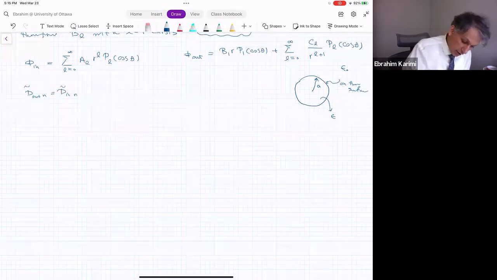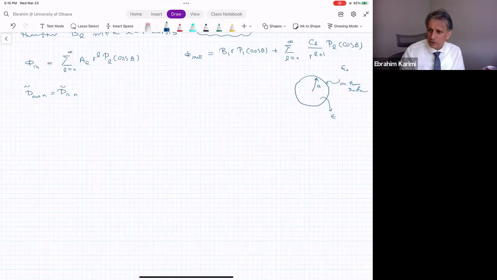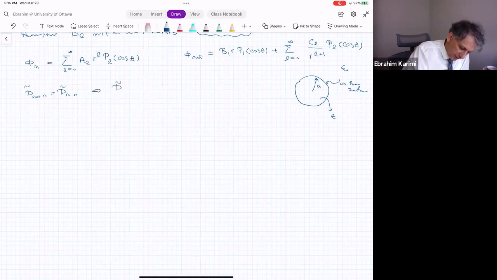What does it mean? How do we define the normal to the surface? The normal to the surface is r hat, and then we are translating these in terms of r hat: D outside dot r hat is equal to D inside dot r hat.